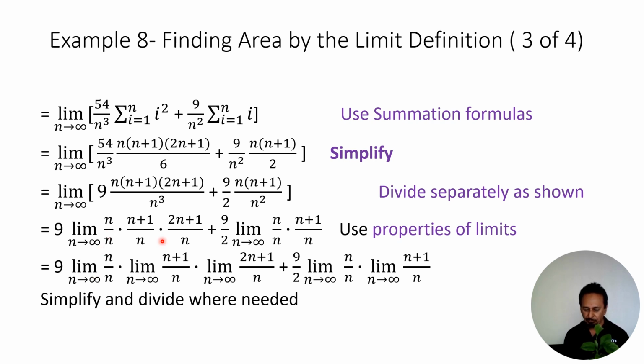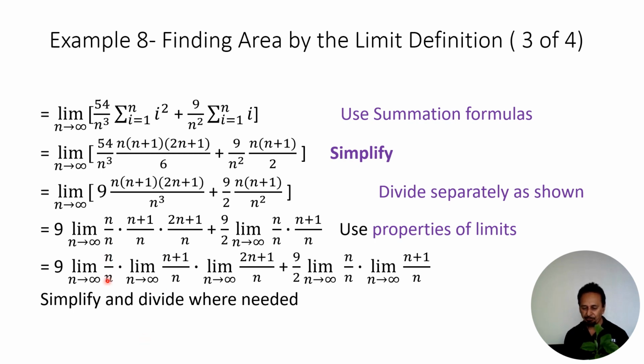Now we have to find the limit of all of this. There are three products, so we can break it down into a product of three limits. So you have 9, limit of n over n, times limit of n plus 1 over n, times limit of 2n plus 1 over n. Plus 9 over 2, and here you can break it down into a product of two limits: limit as n approaches infinity of n over n, times limit of n plus 1 over n.